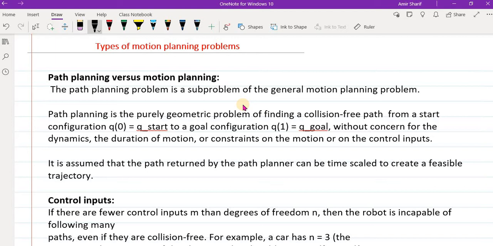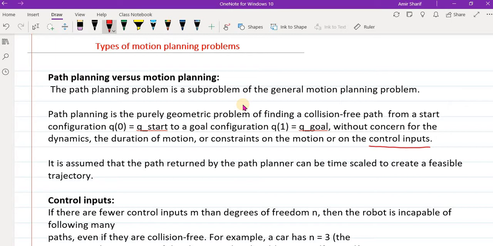So motion planning actually involves more than just path planning. It involves dynamics, and then you have to satisfy some torques and forces. Also, importantly, in motion planning we talk about the control inputs to the robot.